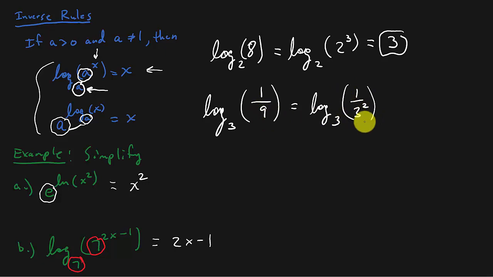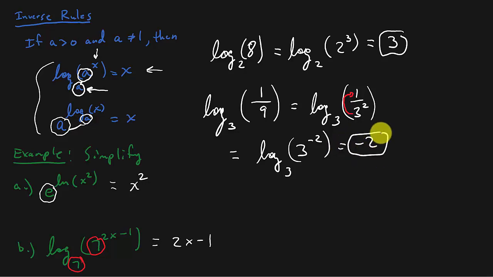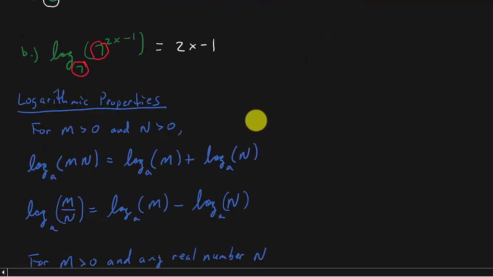But remember, I need to get 3 raised to a power, so if I take this 3 squared and move it up to the numerator, then that's going to be log base 3 of 3 to the negative 2. Remember, when you move it across the fraction bar, it changes the sign of the exponent. Now you can see the base on my exponent and the base on the log are the same, so my answer is the exponent. That's just a quick review from the last video, but I wanted to review it real quick.